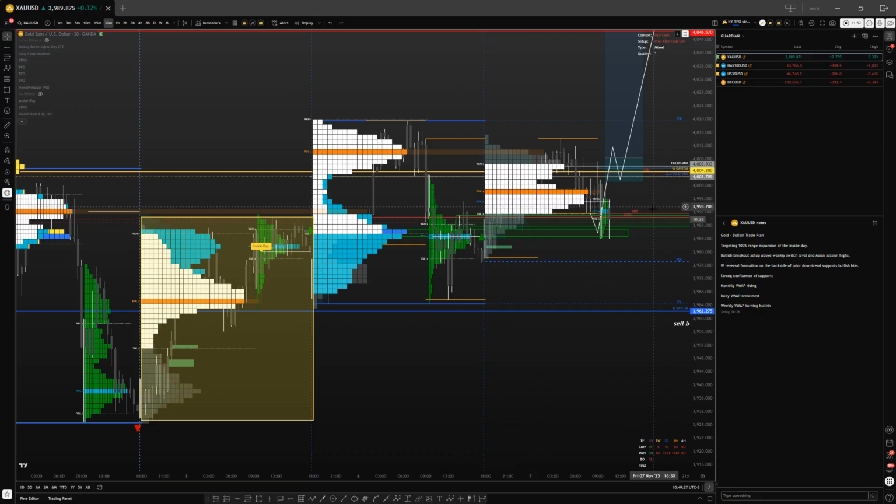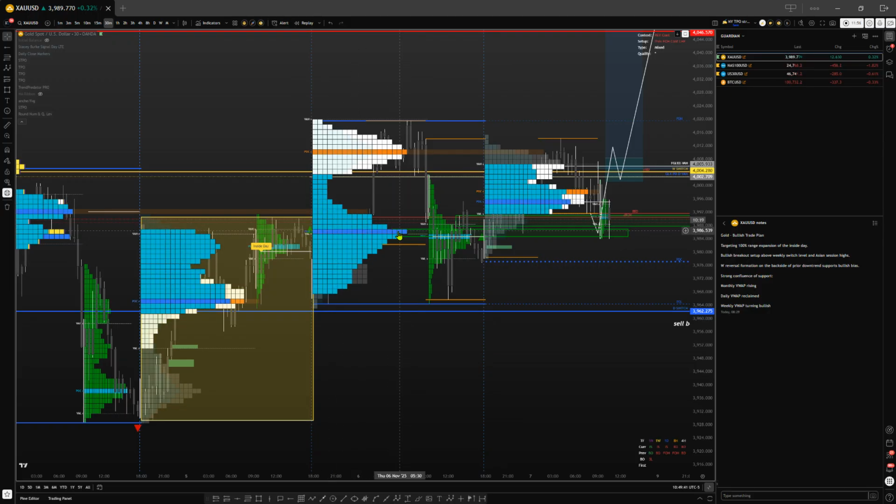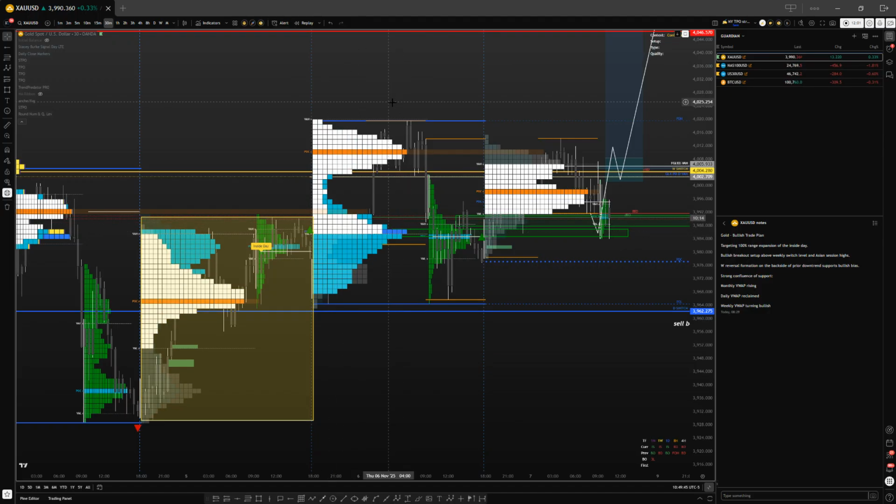Okay, with gold, so nothing done on gold as yet. We've got the point of control from yesterday that's acting as support. We've already come inside of the inside day and put in a low, terminating a point of control for that day.